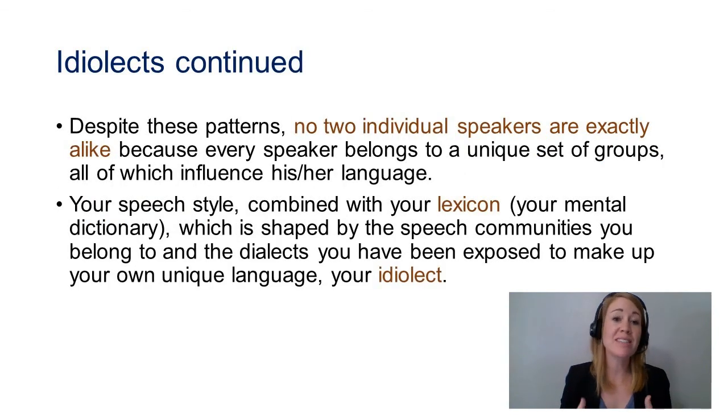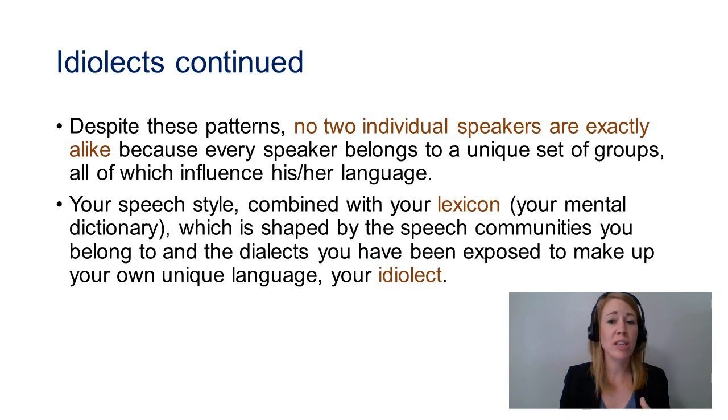So despite seeing these tendencies, we know that no two individual speakers are exactly alike, because every speaker belongs to a unique set and combination of groups, all of which influence our language, some of which we allow to influence us more, and some of which we allow to have less influence on us. We also have a tendency to shift our language style between environments or between contexts, like we saw in Labov's study.